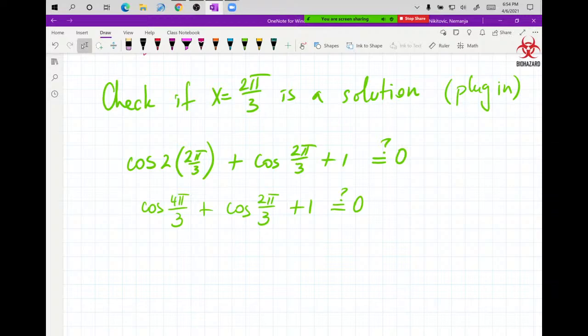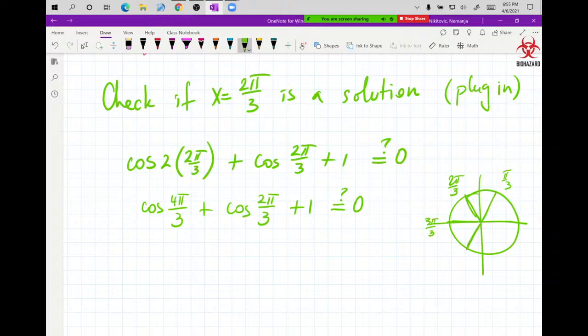So let's see how much these values are. On the unit circle, that's again one of the ways. Here is your pi over 3. Here's your 2 pi over 3. Your 3 pi over 3 is pi. And your 4 pi over 3 is here.